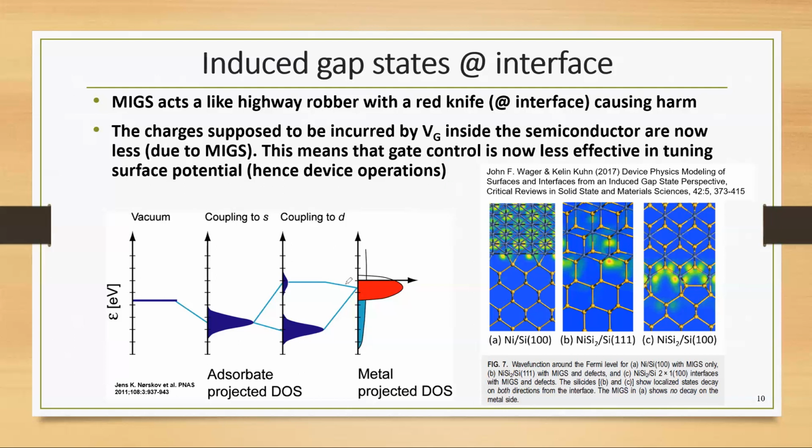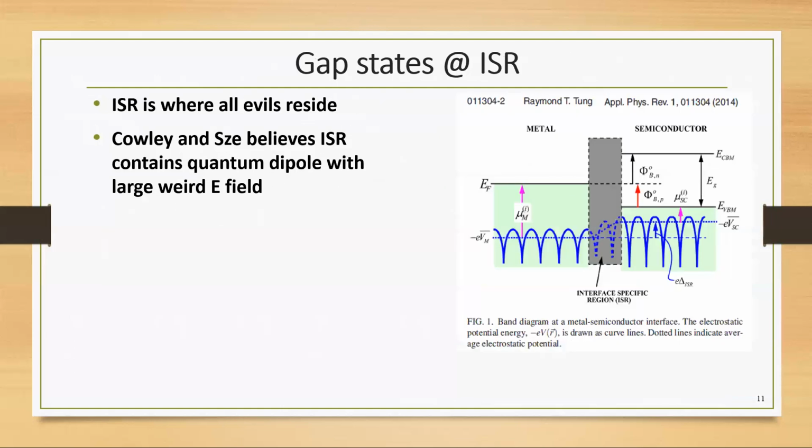And why is this happening? People have done so much work. This paper even mentioned that they form a specific layer called the interface specific region, ISR. And here, the reason is pretty much this. The metal, when the Bloch wave comes here, right, interacts with this.